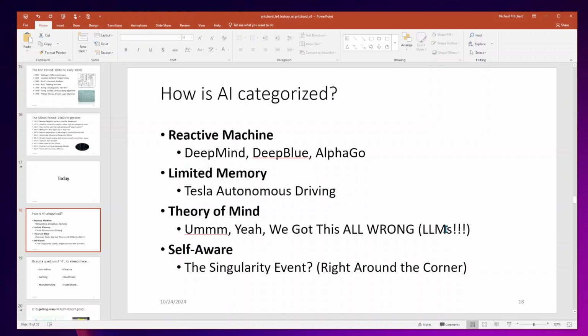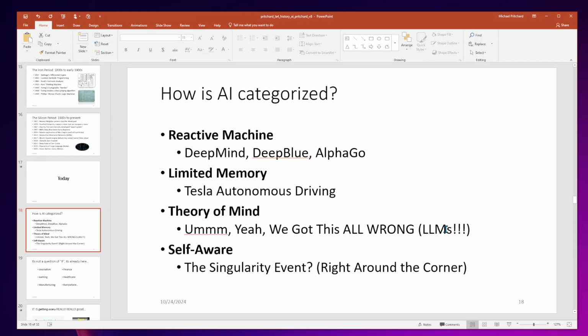Then you have 12B models, you have models that are 100 billion parameters, 200 billion parameters. The future models are going to be even bigger than that. The sky's the limit. There is no limit to how large we can make these things.